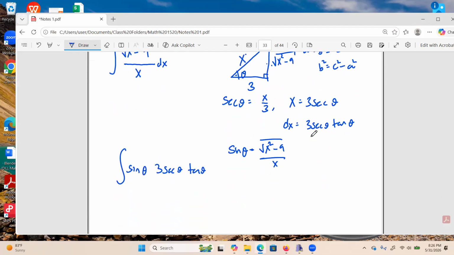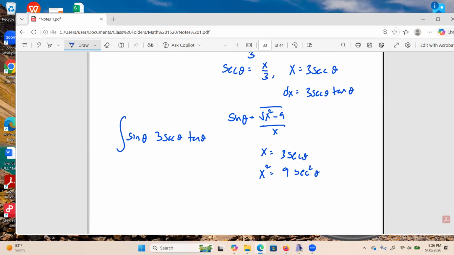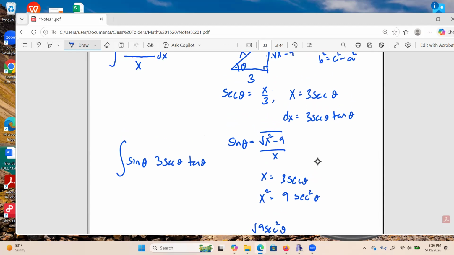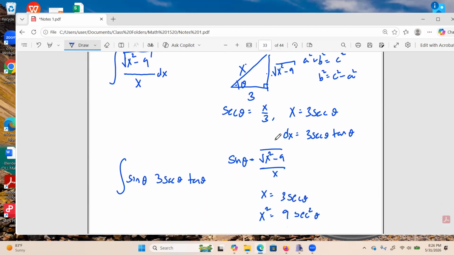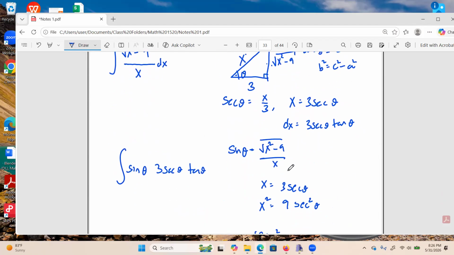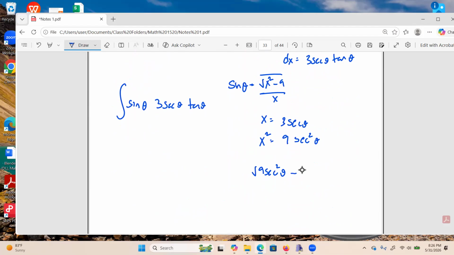But we can go back and say, okay, x was equal to 3 secant theta, so we can say x squared is equal to 9 secant squared theta, and then we can go into here and say, okay, there we have the square root of 9 secant squared theta, minus 9.